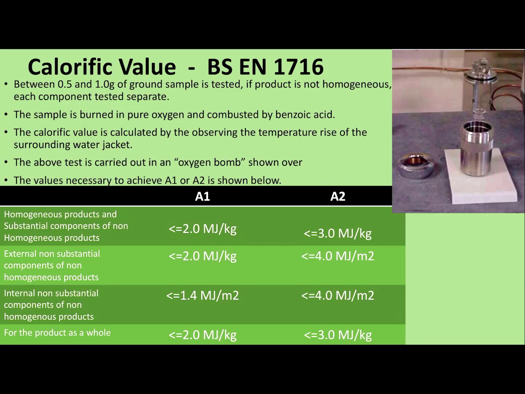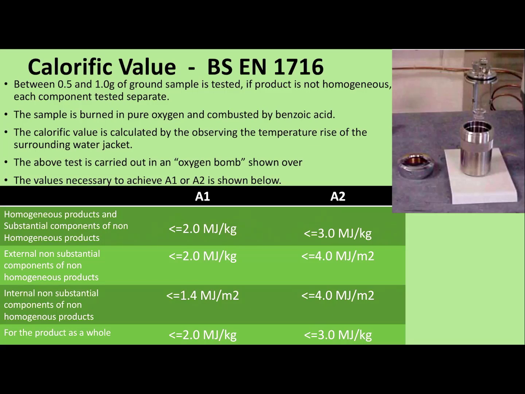So anywhere between 0.5 gram and 1 gram is mashed up in a pestle and mortar to create a powder, and then it's mixed with benzoic acid, which I never expected to see here.